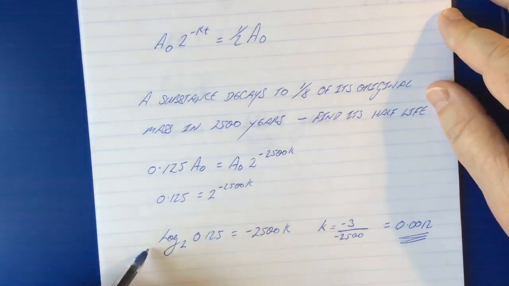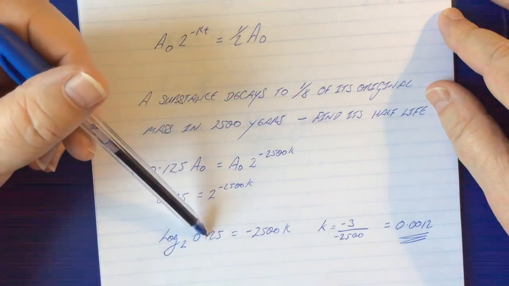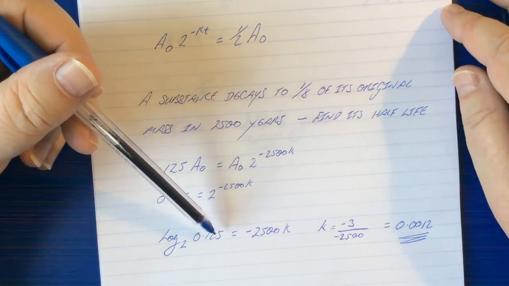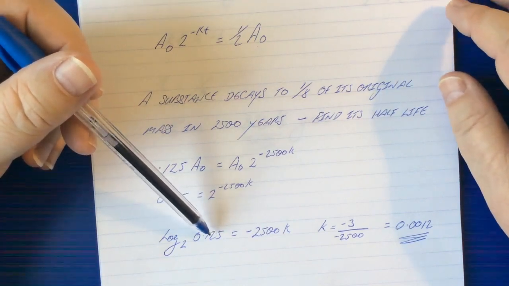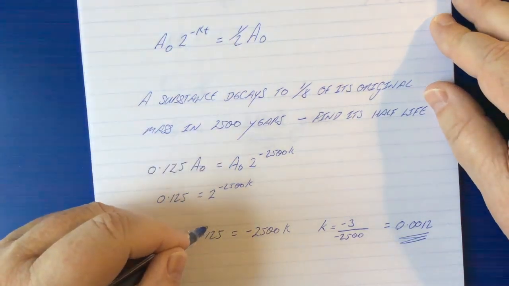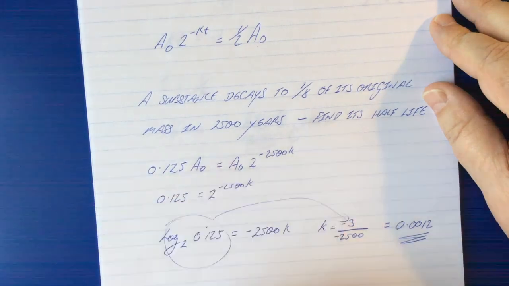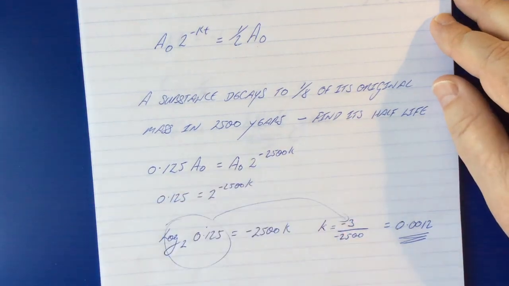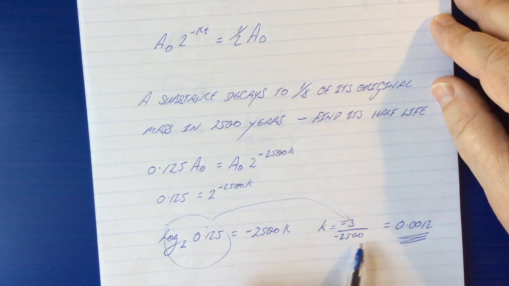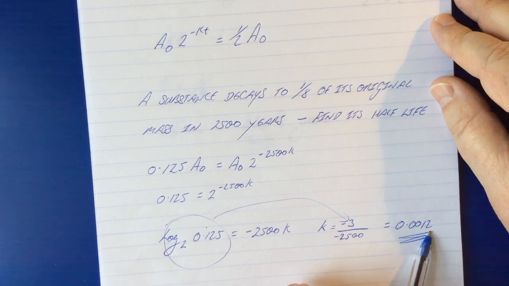Because log base 2 of 0.125 happens to be negative 3. You can pop that in a calculator and check that. So basically this is that value there. And when you divide negative 3 by negative 2,500, you get this number, 0.0012.